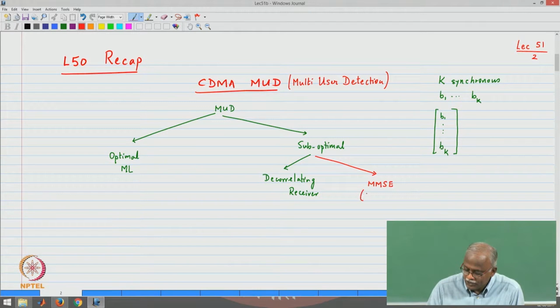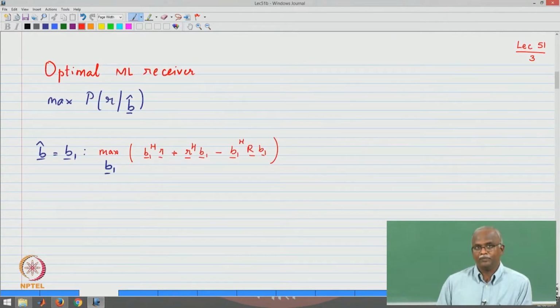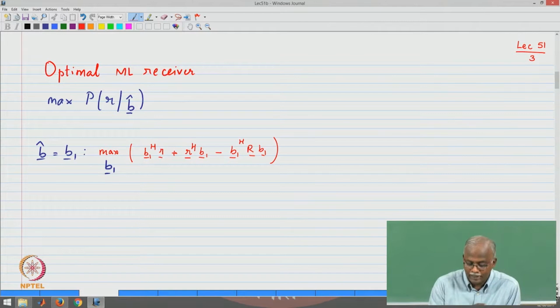The MMSE is also referred to as a Wiener filter or a Wiener filter based solution. We will refer to it as the MMSE solution. So, in a nutshell, the optimal ML receiver that we have talked about in the earlier lecture maximizes the probability that we have transmitted a vector B hat and the received signal R of t.